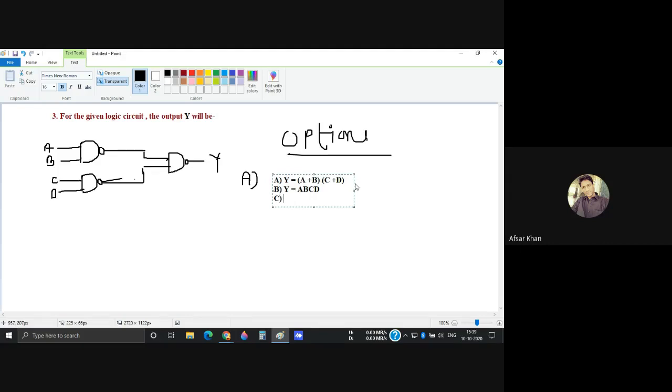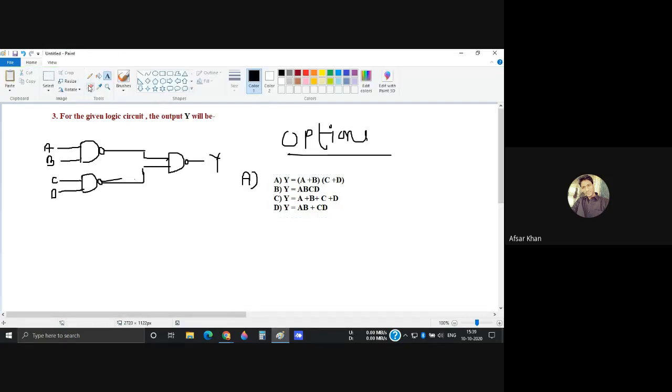Option C is y equals ABCD. Option D is y equals A plus B plus C plus D. Now you just solve this circuit and tell me the answer. Anybody? I think everyone can solve this. Solve within 2 minutes. This can be solved in 30 seconds, but I'm giving you 2 minutes.